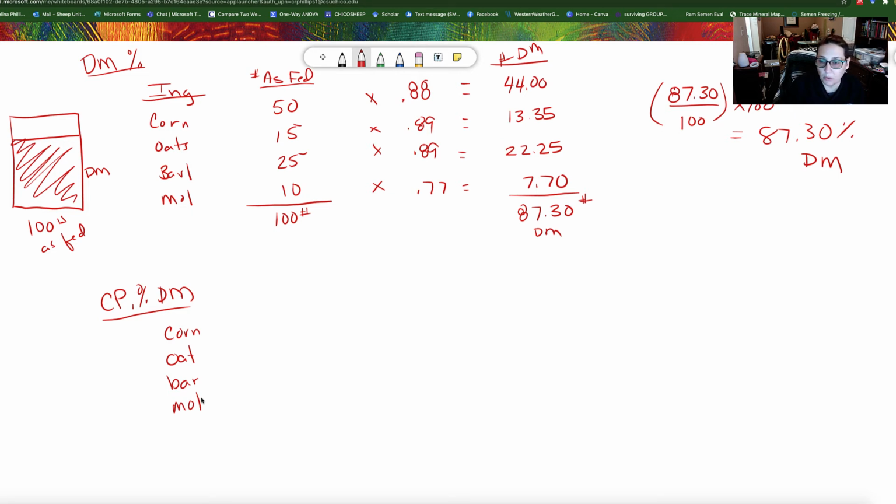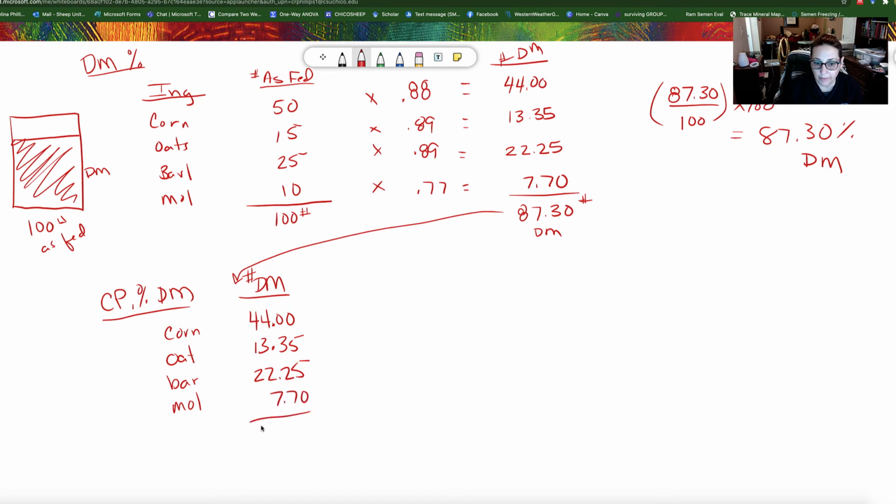So now we're going to take this information and start with it. How many pounds of dry matter do we have? So instead of starting as fed, now we're able to use our percentages on a dry basis. And we're going to bring those values over. And we know that we're working out of 87.30.